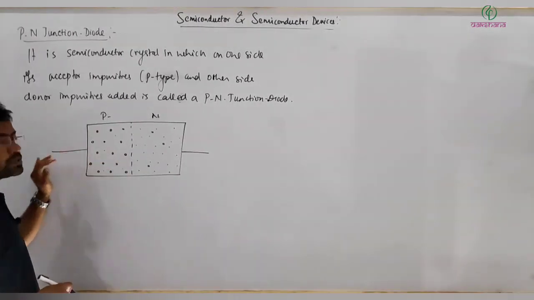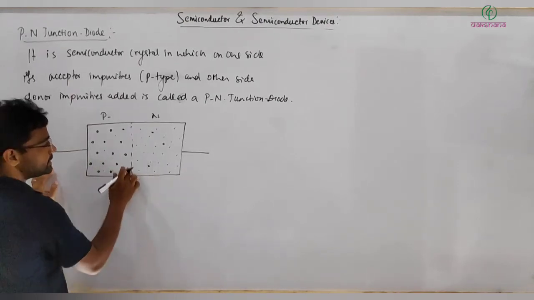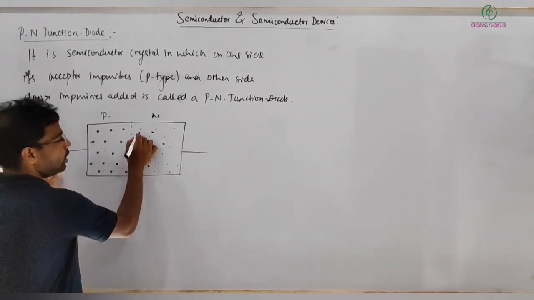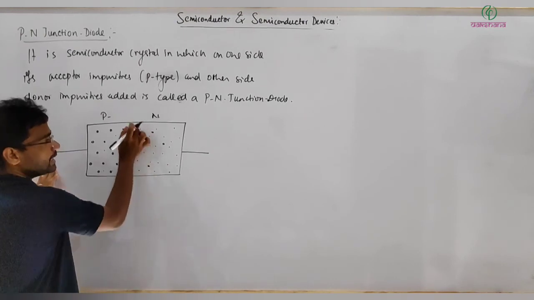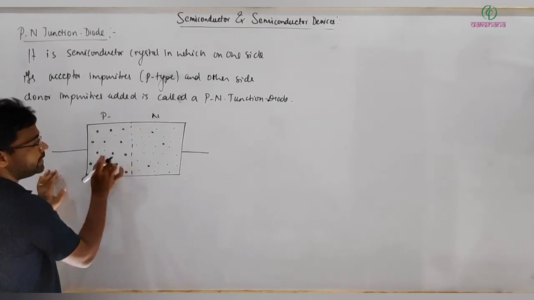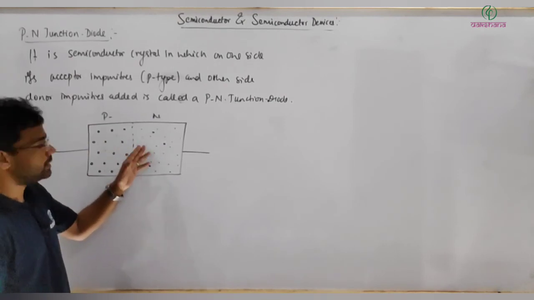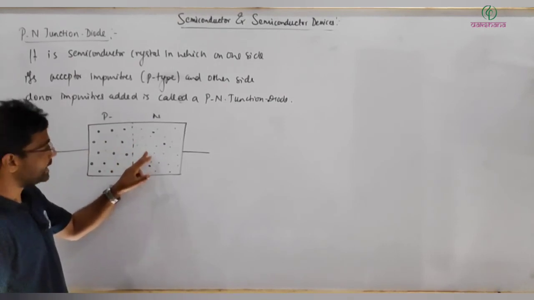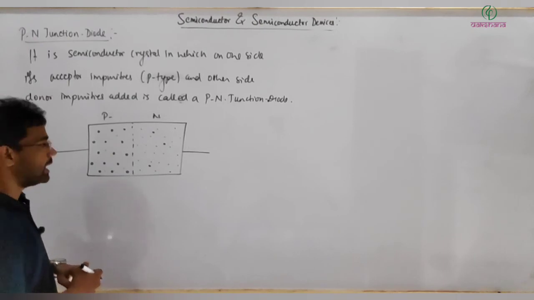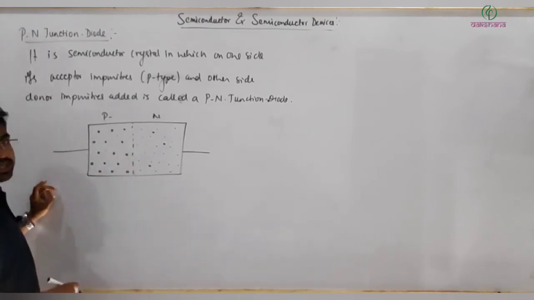But at this junction, on the right side the electron concentration is higher, on the left side the hole concentration is higher, and they have reason to diffuse to the other side, where hole concentration is low, and on this side electron concentration is also low.